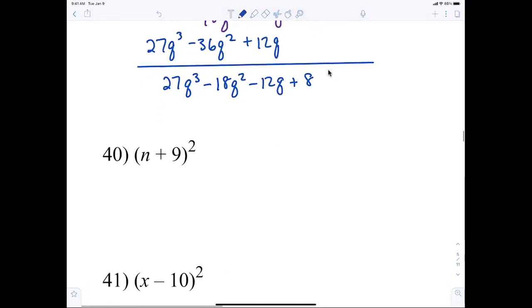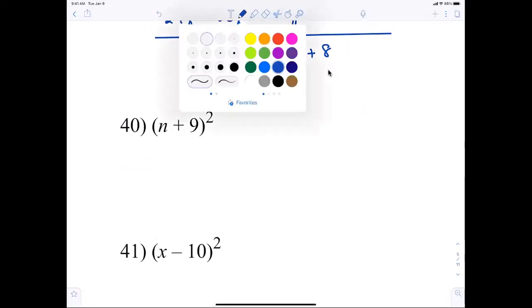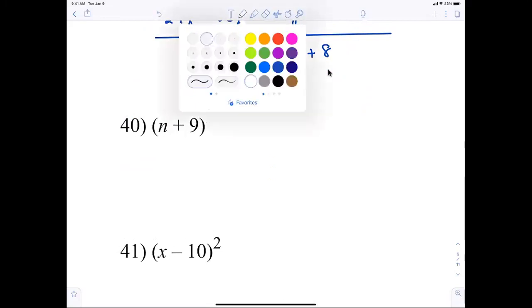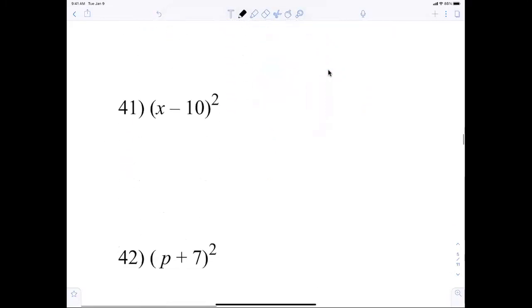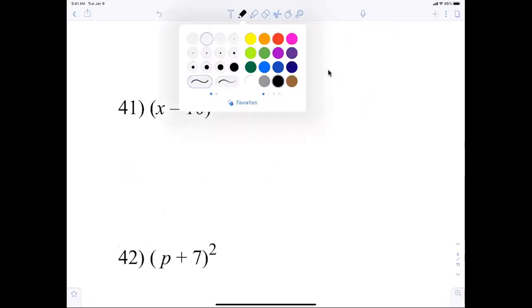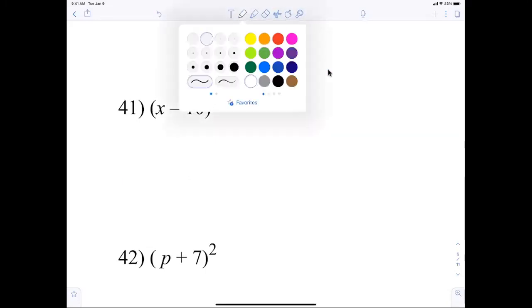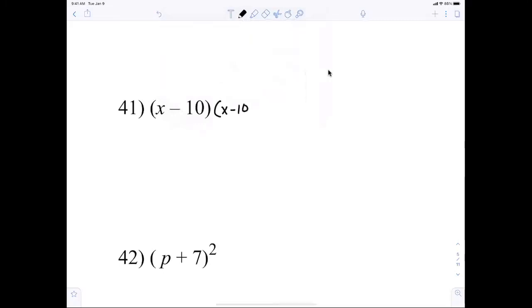Now on number 40, I just wrote it a little weird. I just want you to come down here and do this. Cross out the square here and just do n plus 9 times n plus 9. Thank you, that was very good. All right, so down here, x minus 10 squared would just be x minus 10, x minus 10. That is correct. So change this and rewrite it as x minus 10 times x minus 10.